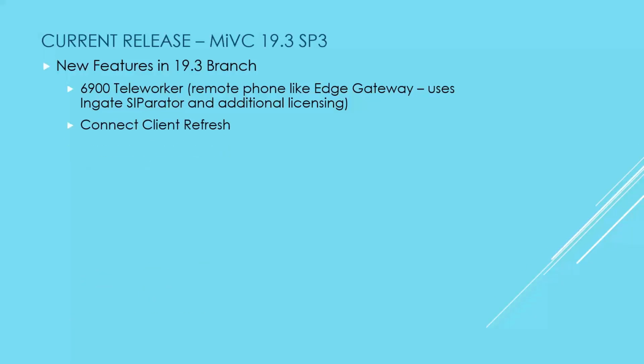Also included in 19.3 was a Connect client refresh. I think everyone's kind of used to the really blue client we have now. There were some defect fixes and things like that behind the scenes. Again, additional capabilities were added to support RAY BAUM'S Act, specifically a Mitel software component that allows users to report their address.